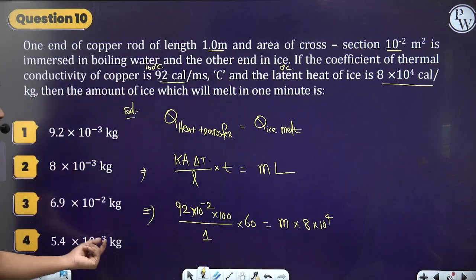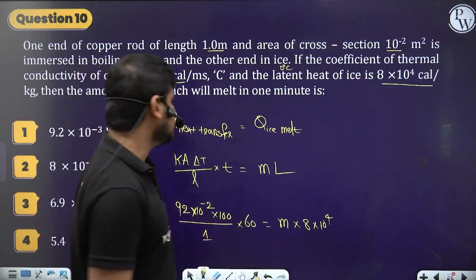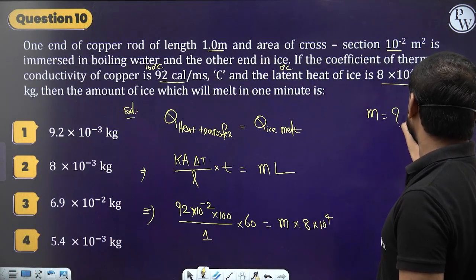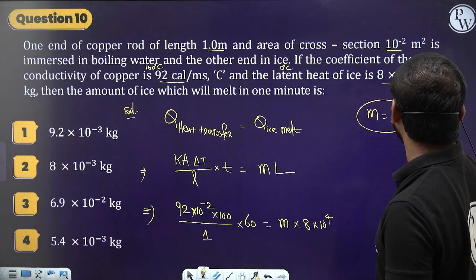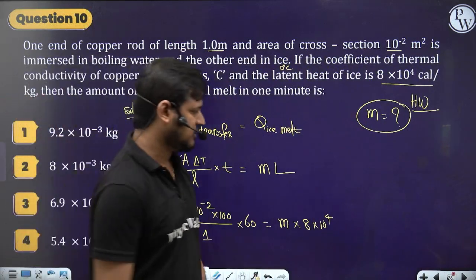We need it in kg only, so let it be in calorie per kg itself. Then the only unknown is M, so find the value of M, take it as homework. It is just doing the calculations. Done? Simple question again.